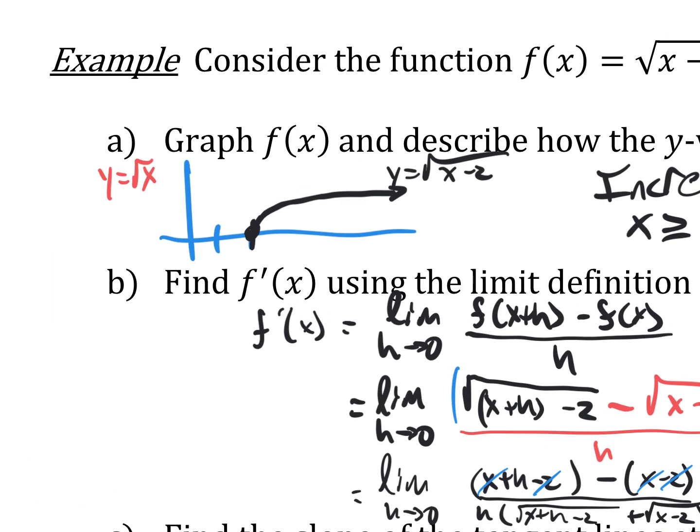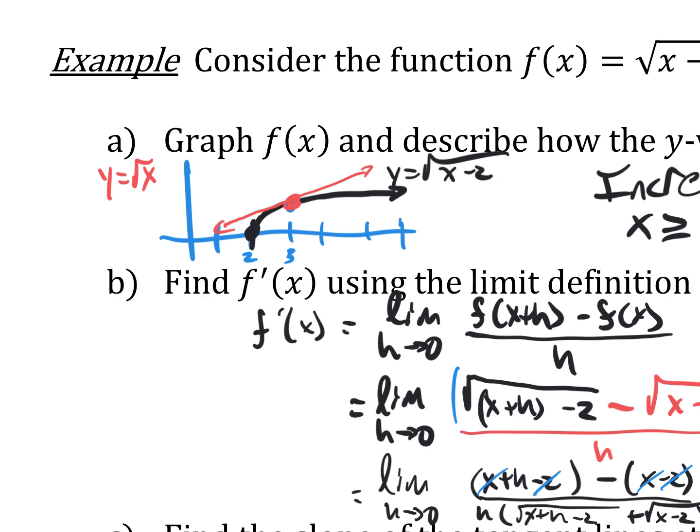So if we look at our little chintzy graph here, at 3, the slope is a half. Okay, I'll buy that. Now, my little fat line there, this is a tangent line. It just touches at that point right there.